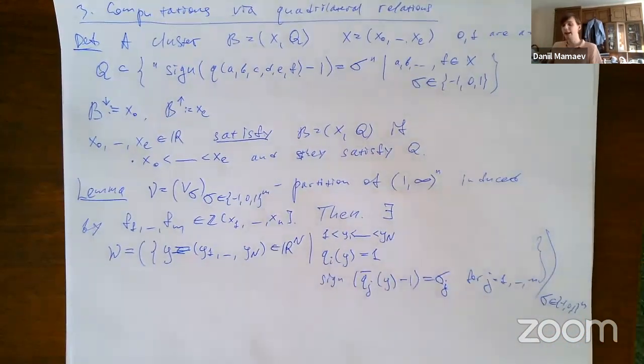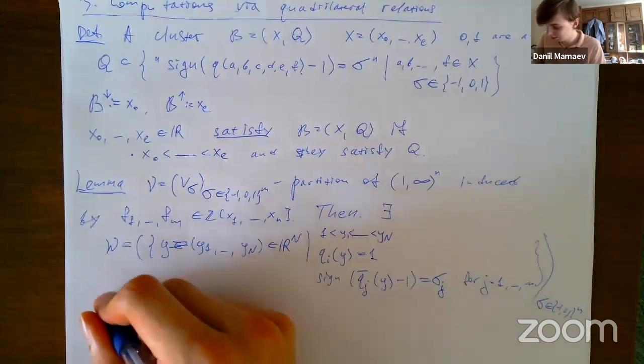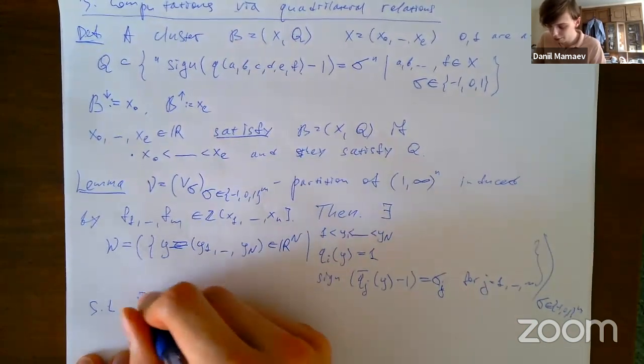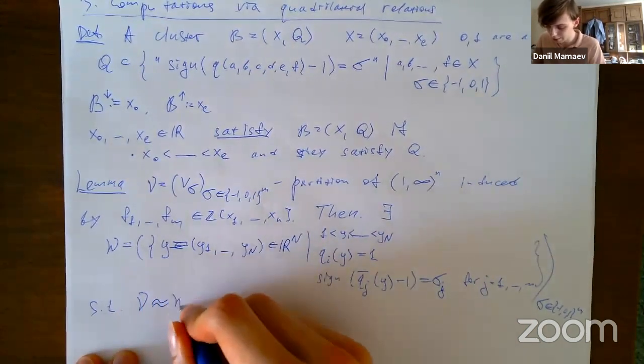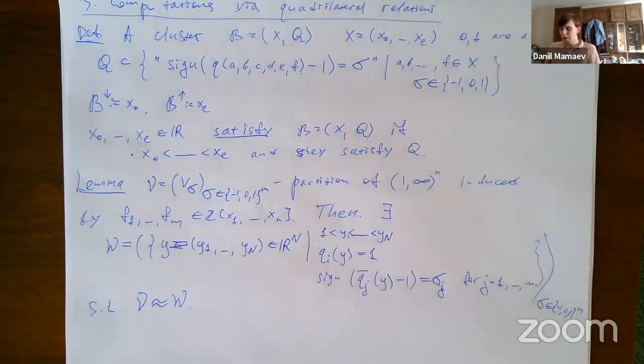So this lemma basically says that every partition is stably equivalent to a partition induced by quadrilateral relations.